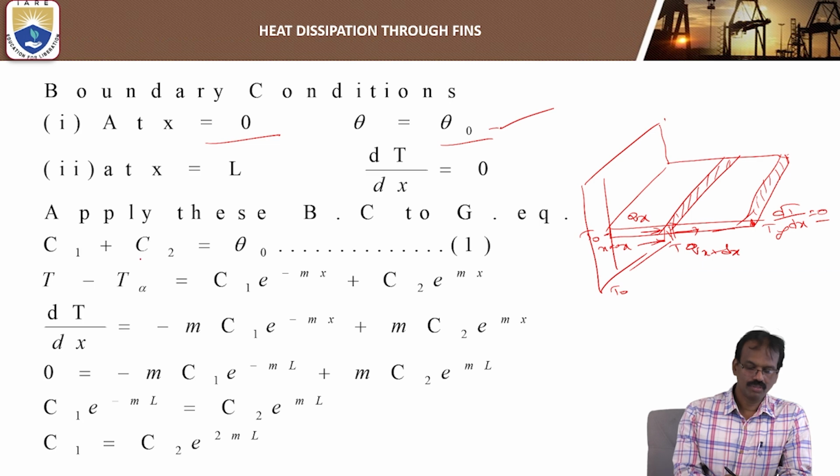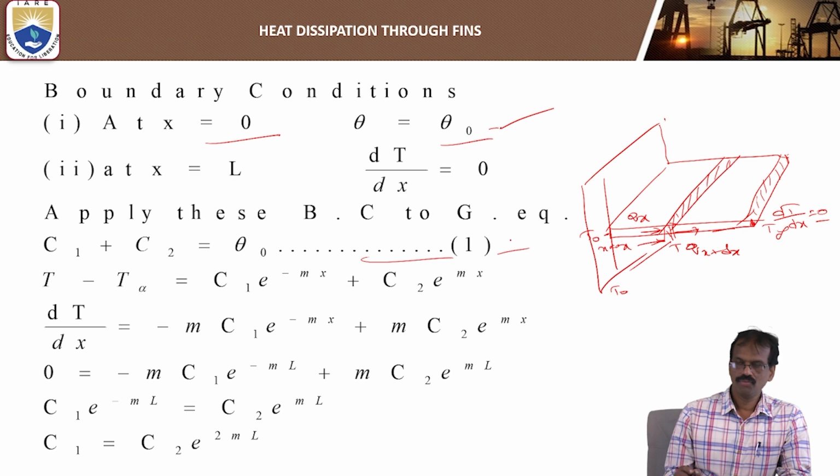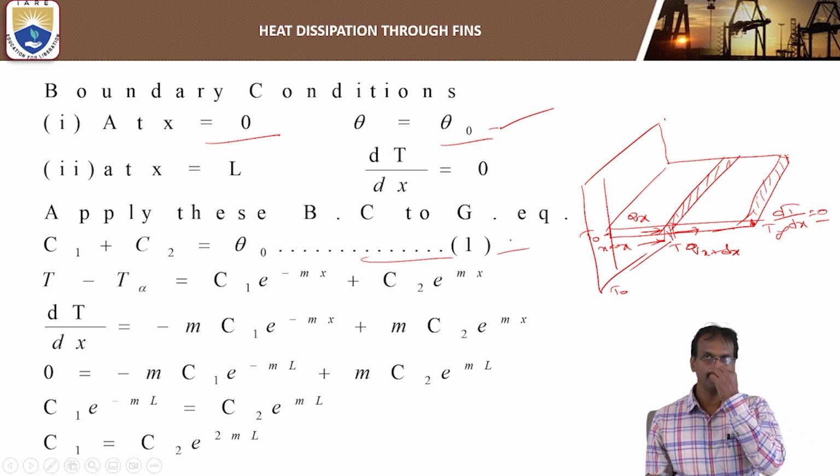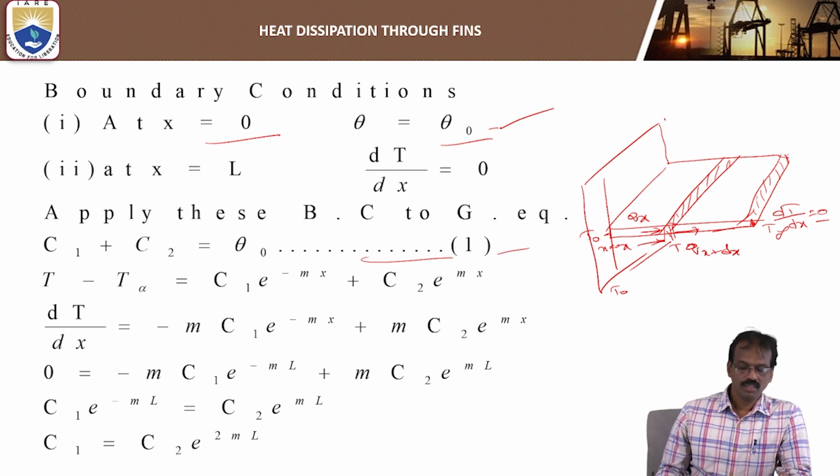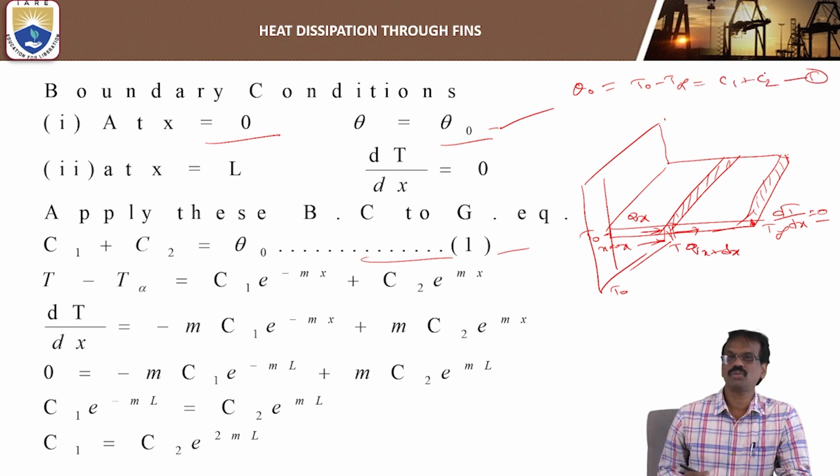Then C1 plus C2 is equal to theta naught. That is equation 1. Theta naught, nothing but T naught minus T infinity, is equal to C1 plus C2. So this is the first boundary equation, by applying the first boundary condition. Okay.